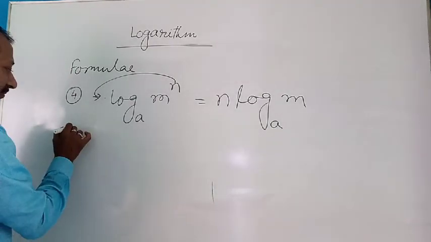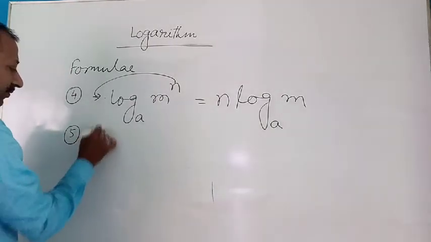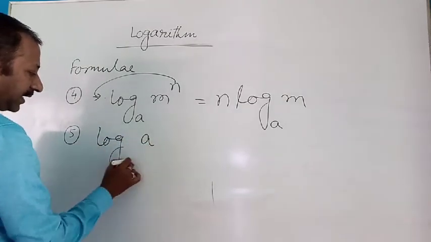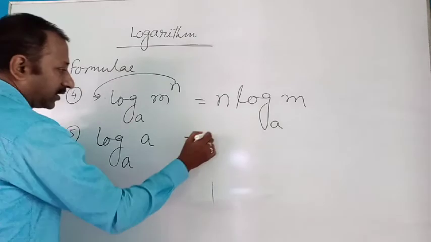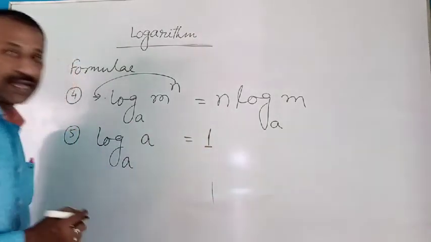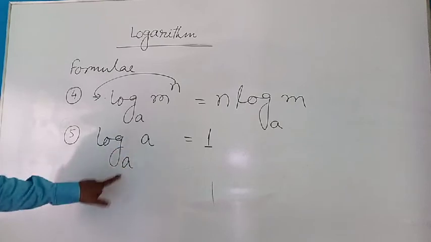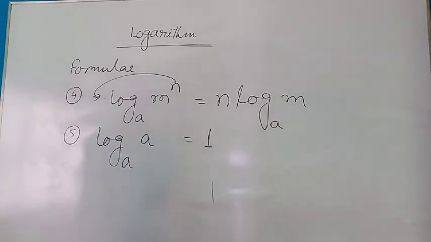Then number 5, log of a base a equal to 1. Same, log of a to the base a is what? 1. Moreover, it is known to us the base of a logarithm should always be positive. Base cannot be equal to 1. Remember this.